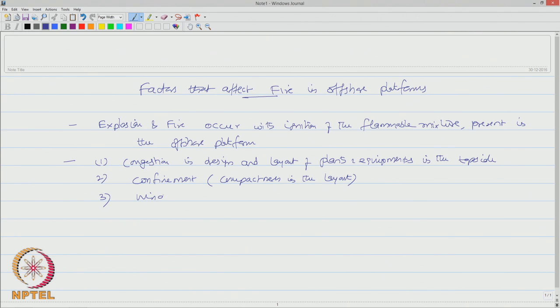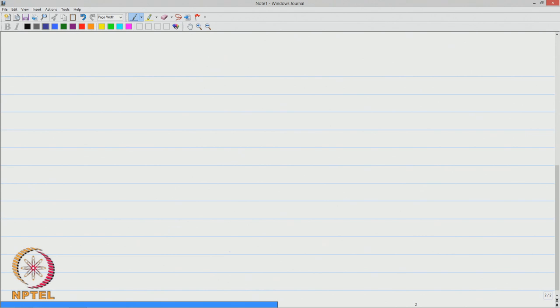Then, wind speed, wind direction, leak rate of hydrocarbons and gas, leak direction, leak duration, leak position.